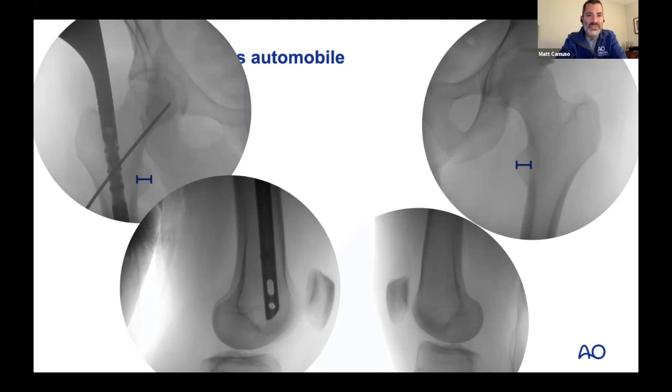But what you see here is we've compared two lesser trochanteric profiles by, again, doing the exact same method that I described earlier. So getting a perfect lateral of the distal femur with the leg in a secured position, and then rolling up 90 degrees from that, and then imaging the proximal femur, centering it, and making sure that that lesser trochanteric profile is symmetric.